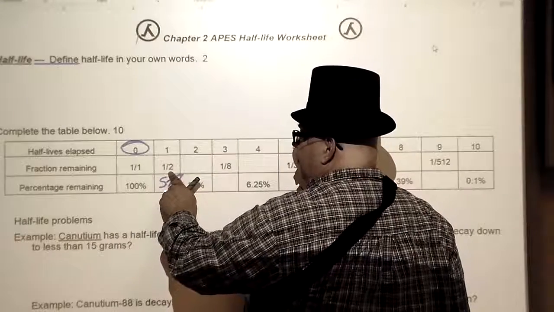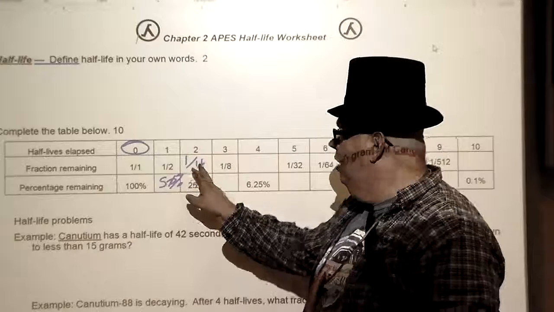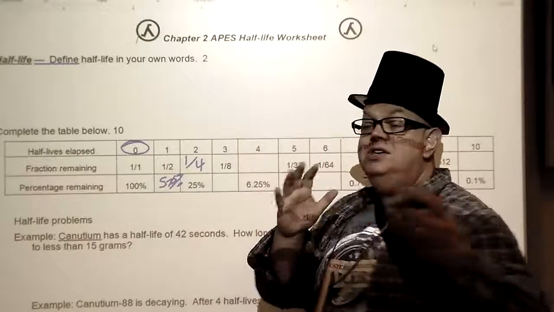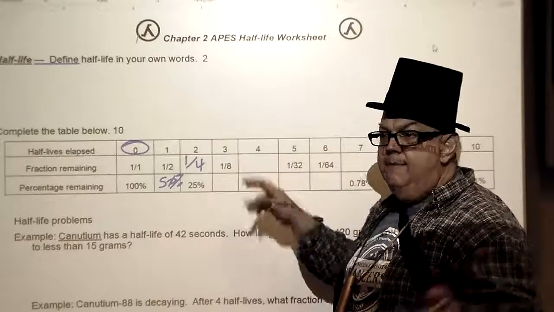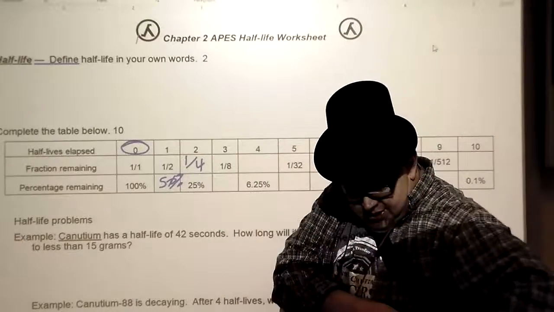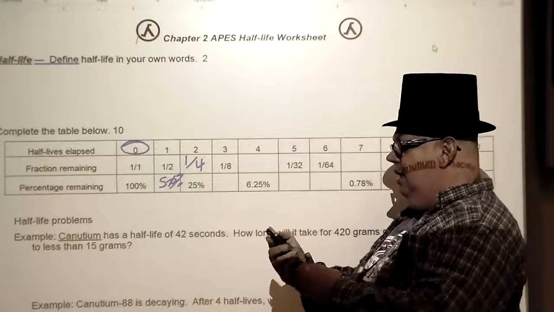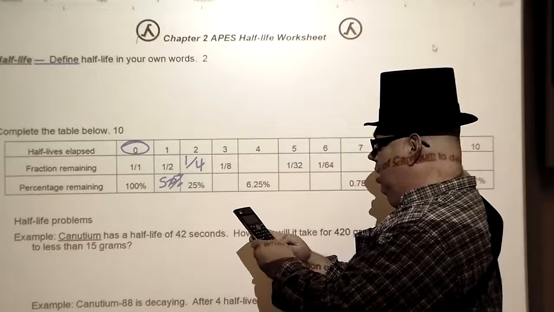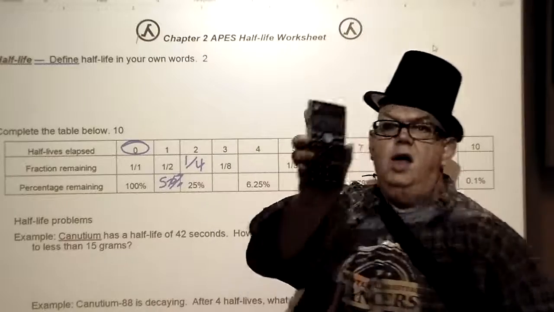1/1, 1/2. This one will be 1/4 because 1/4 is 1/2 of 1/2, right? And what is half of 1/4? It's 1/8, right? Now we can take our faithful calculator right here. I say 1 divided by 8 equals 0.125.